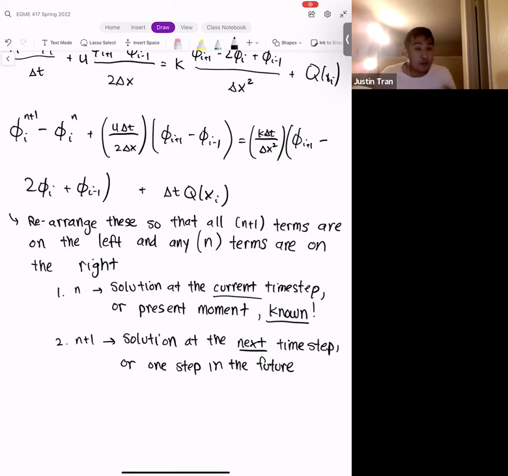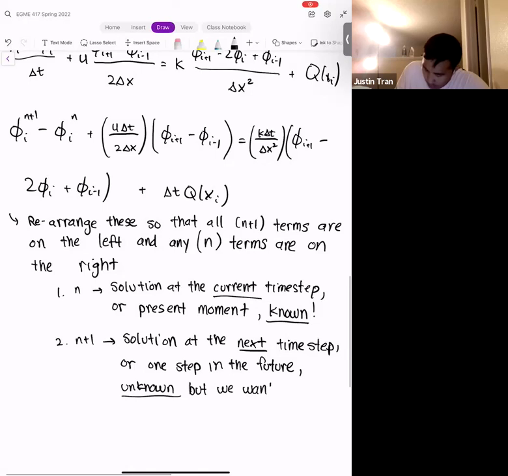Right. And since it's happening in the future, it hasn't happened yet. And so this is something that's unknown. It's unknown, but it's what we want to solve for using our time marching scheme. Okay.